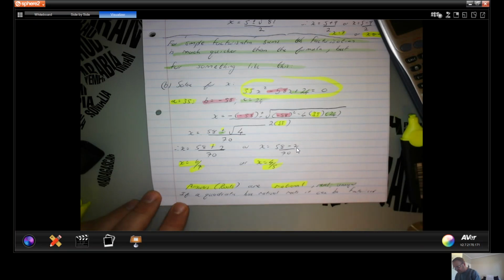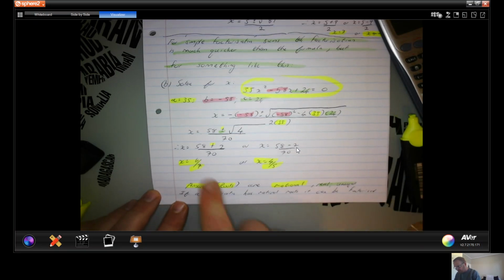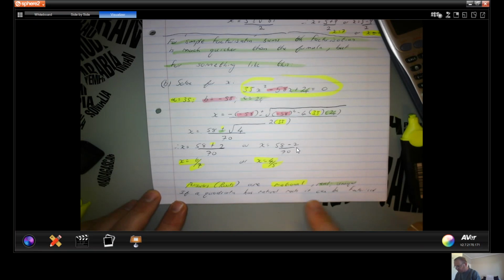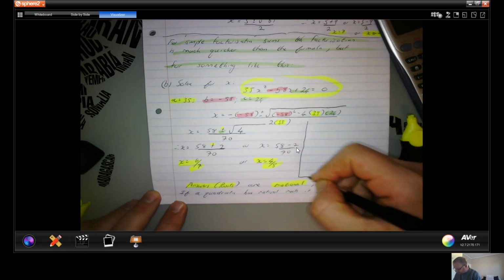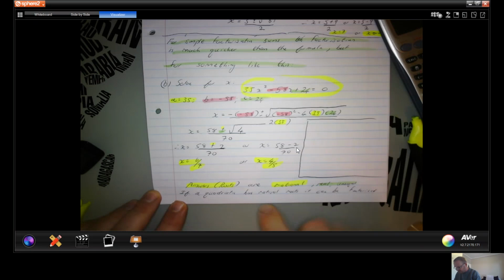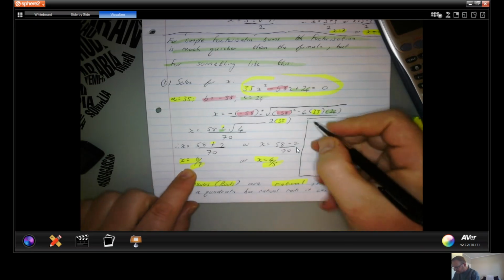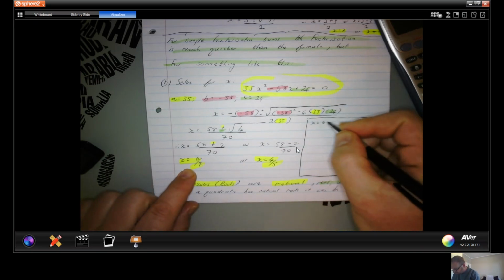Now, just one thing. If a quadratic equation or any equation has rational roots, it means that the original function can be factorized. So if you don't get a root in that answer, it means you could have factorized it to solve it. So to show you, if I work backwards and cheat, here's a little trick that you can use.